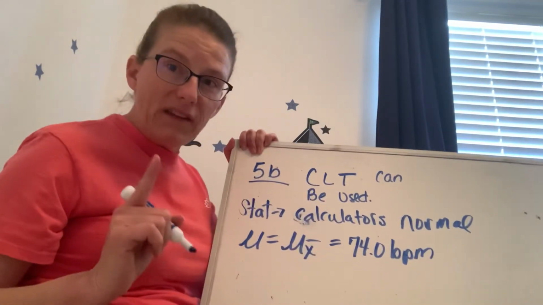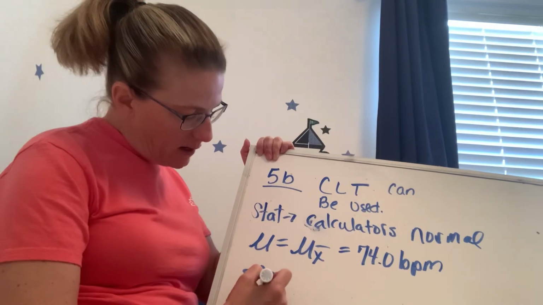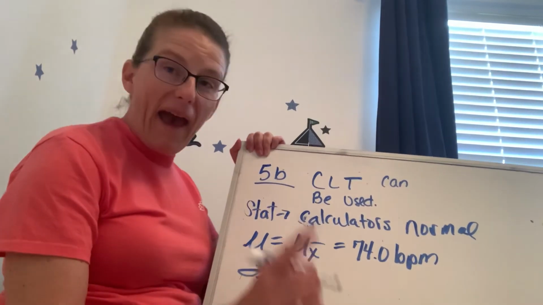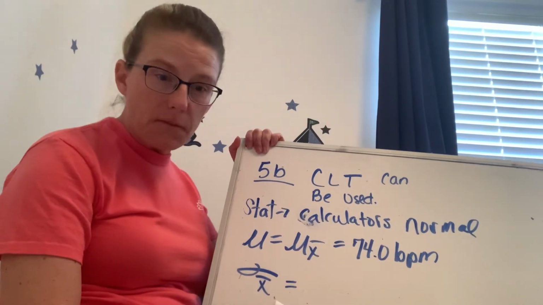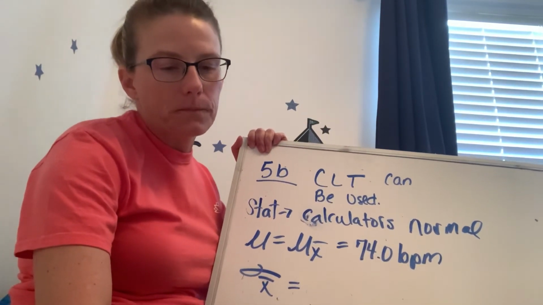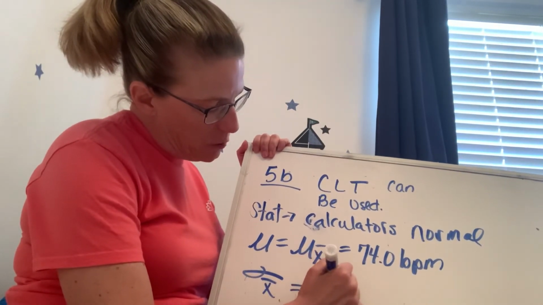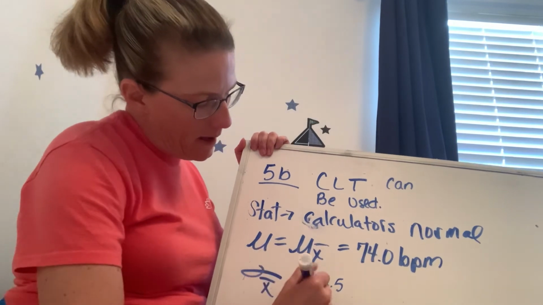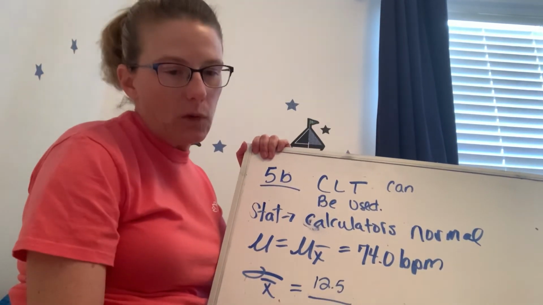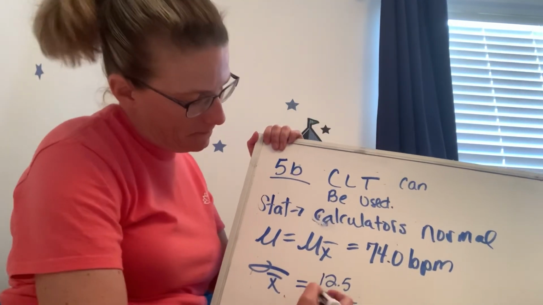But here's where things change. When we think about the standard deviation of all the sample means, we have to adjust it. And we adjust it by using the population standard deviation that was given as 12.5, and we divide that by the square root of our sample size, which in this case was 16.